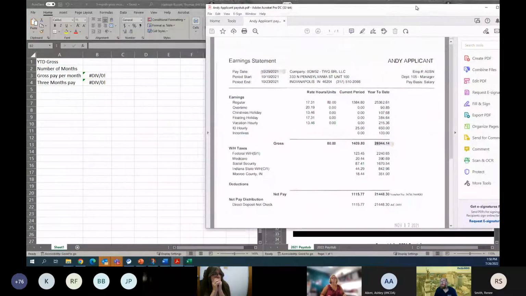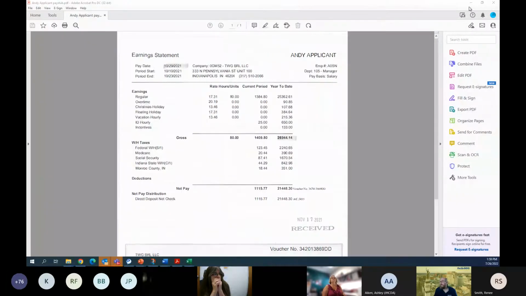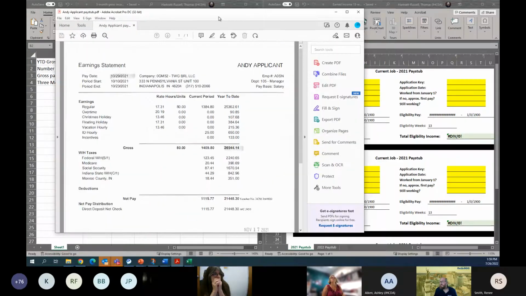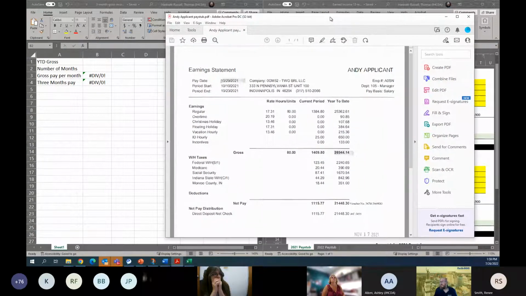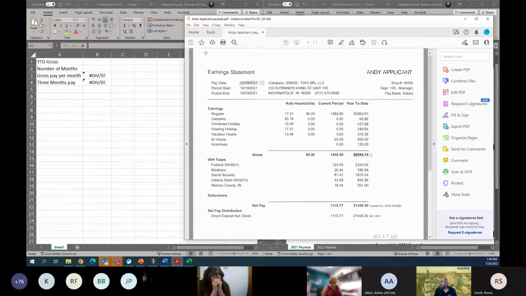First, I will go through the 3 most recent complete months. As we said, this is a November 17th application, and this is an October 29th pay stub. So it does represent all of the pay received as of the end of October.